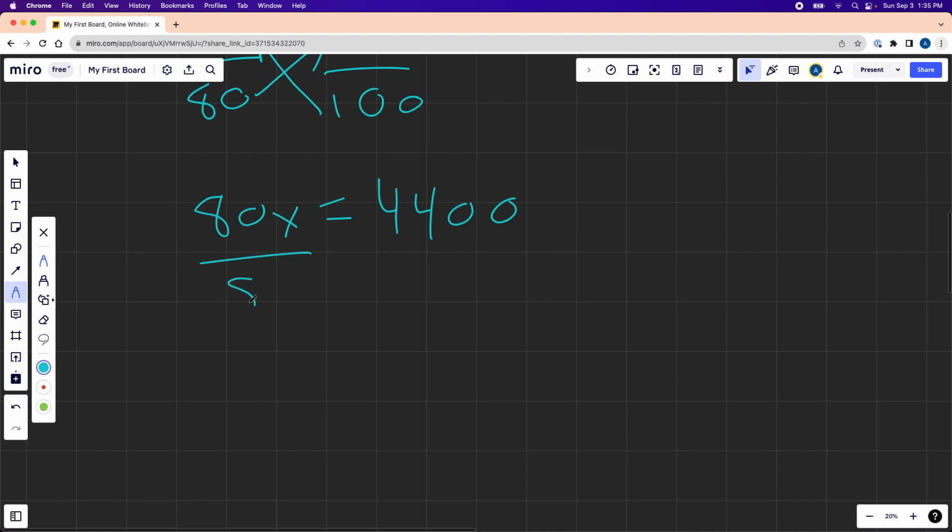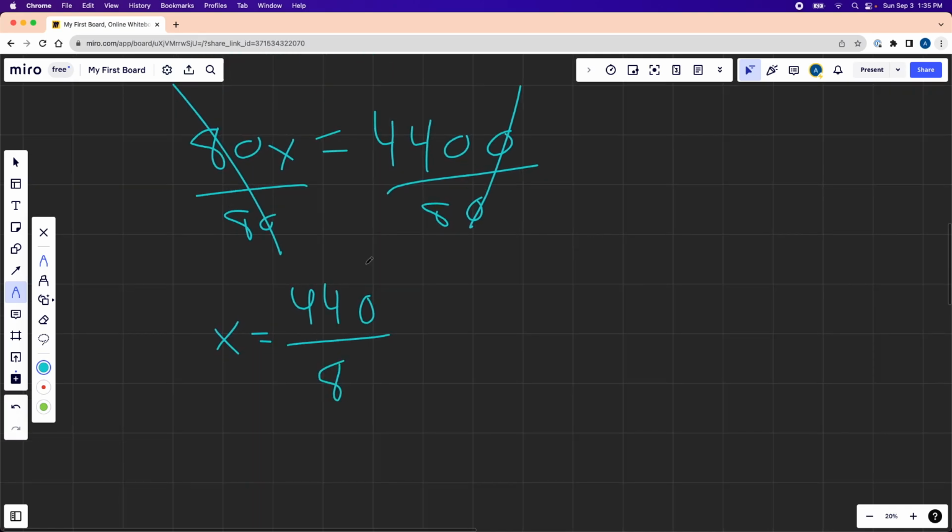So divide by 80 on both sides. The 80s will cross out there. We can cancel out a 0 there, and now it is going to be x equals 440 divided by 8. All right, so now we need to calculate what 440 divided by 8 is.